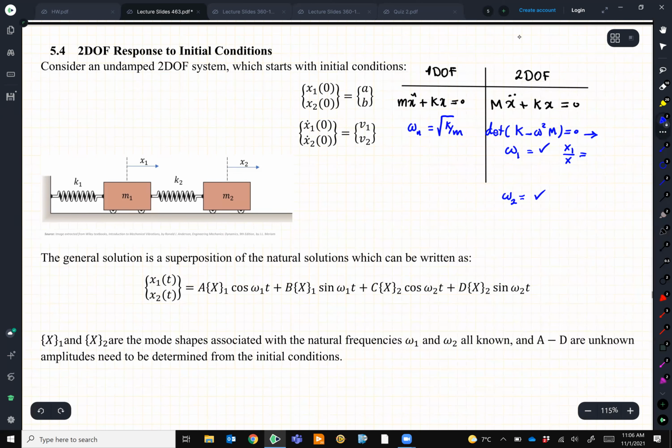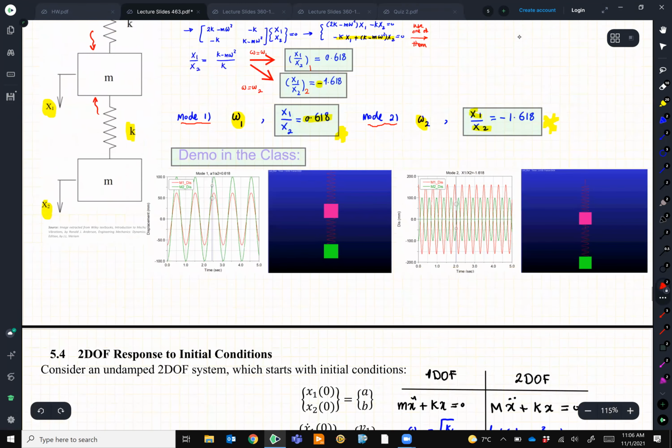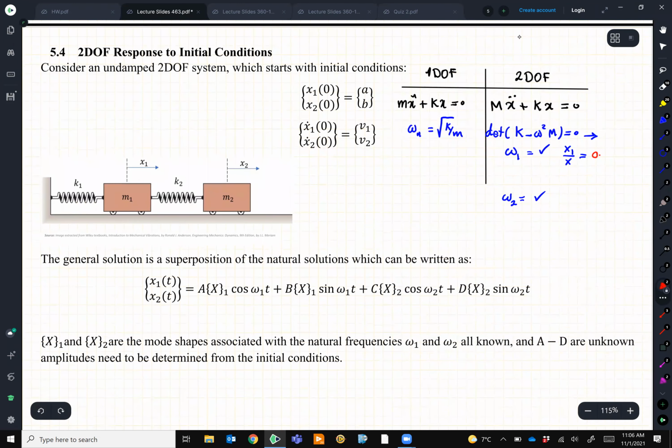Okay. So we found, for the example, this number was 0.618, right? And then with natural frequency 2, we found x1 over x2, which was minus 1.618.